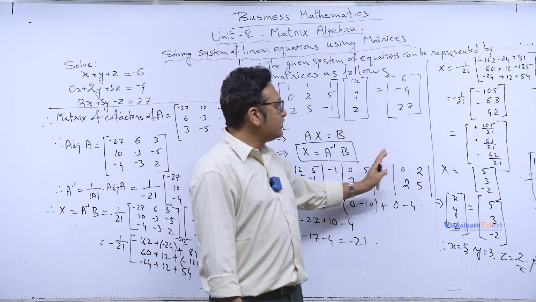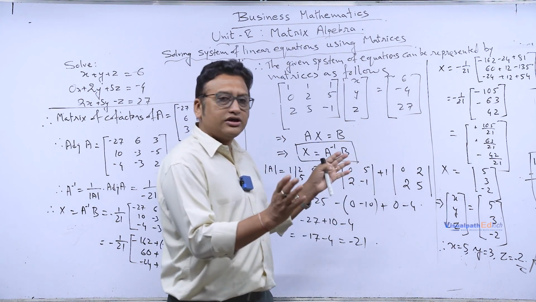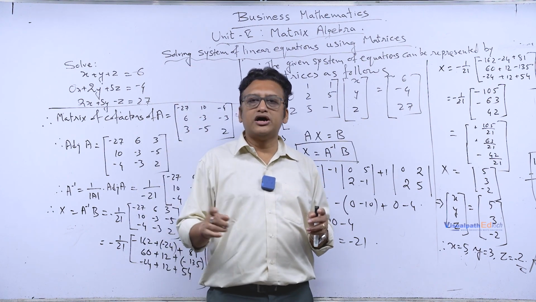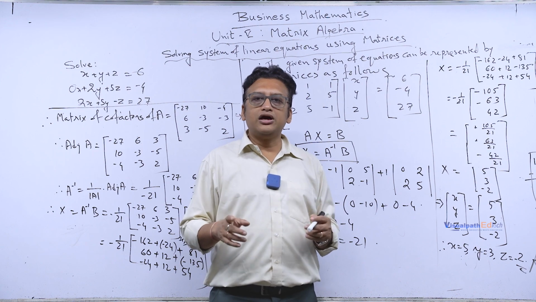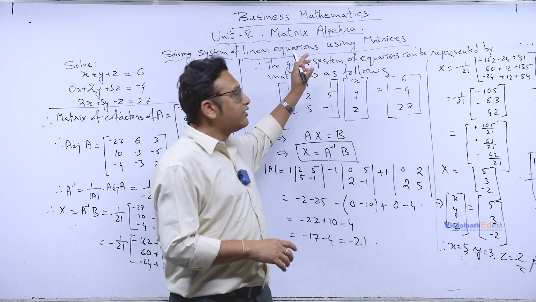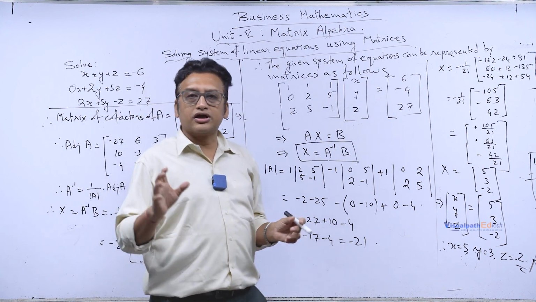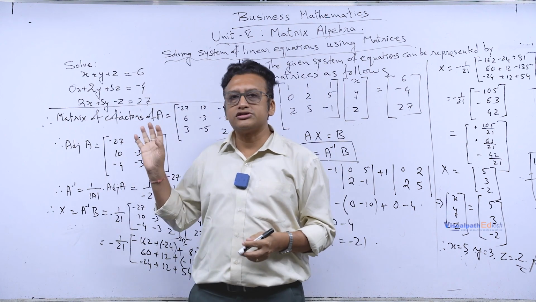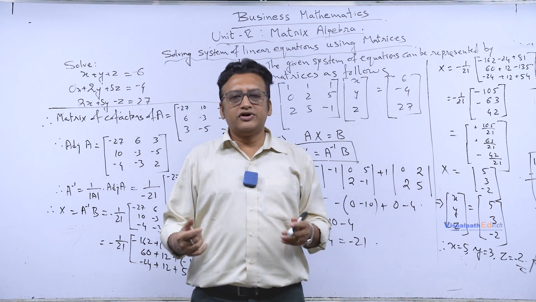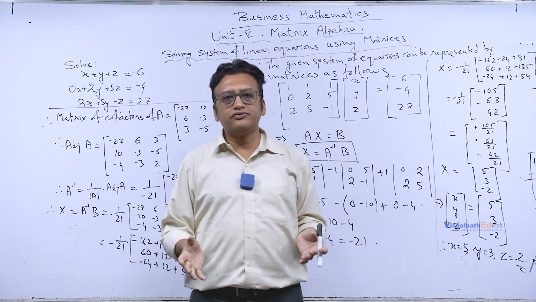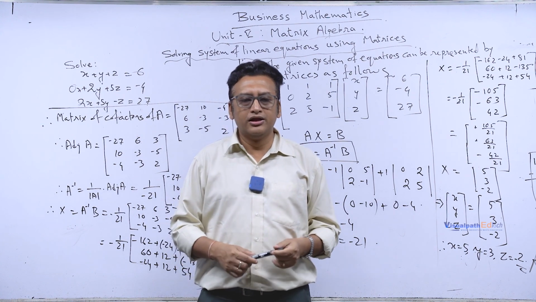Finally, you multiply A inverse and B and then equate it with X, put the X's matrix, and then you get x's value, y's value, and z's value. This is the way how we can apply matrices in order to solve a given system of linear equations.